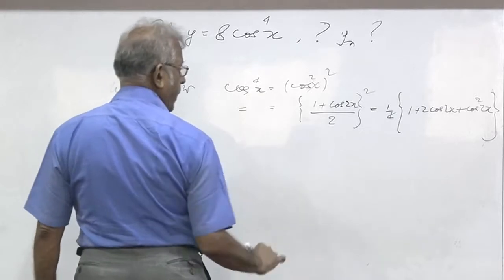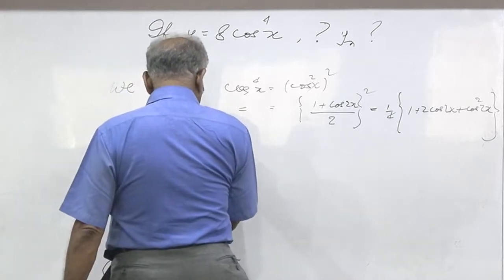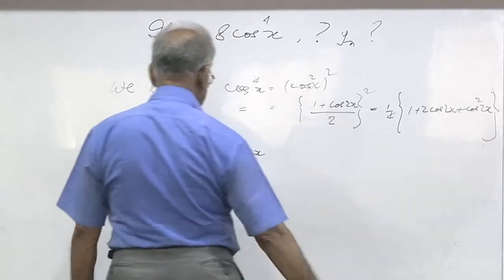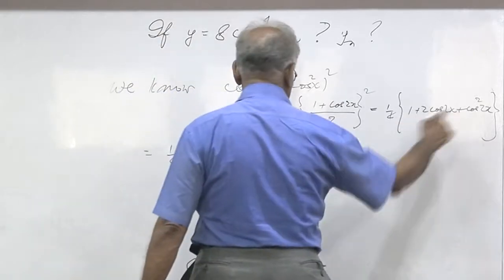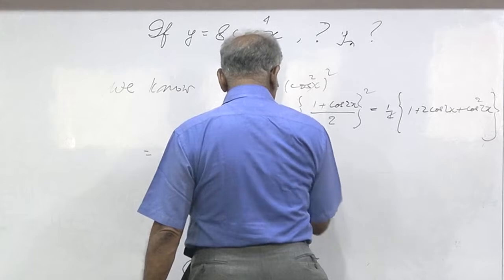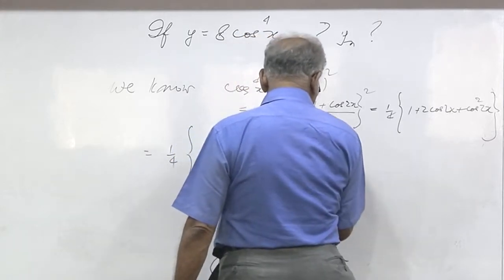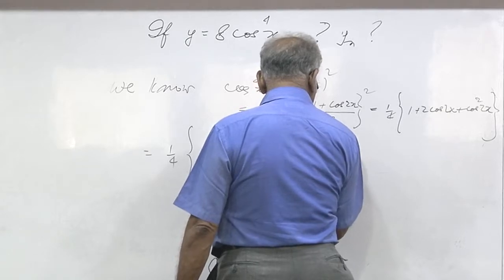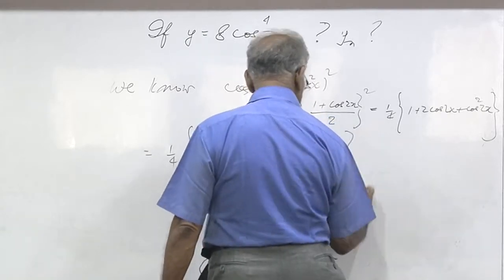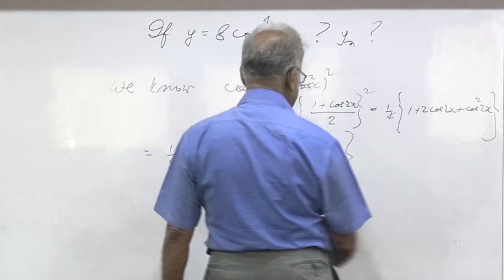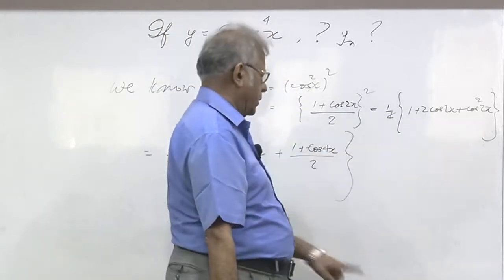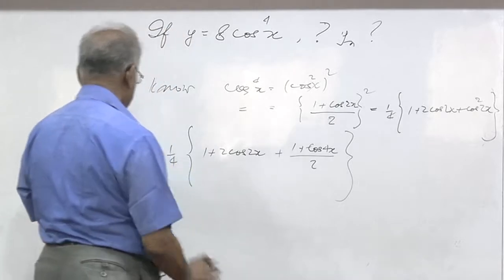let's see, 1 plus 2 cos 2x. Cos squared 2x is plus half of 1 plus cos 4x. Cos squared 2x itself is half of 1 plus cos double of 2x, so 1 plus cos 4x.